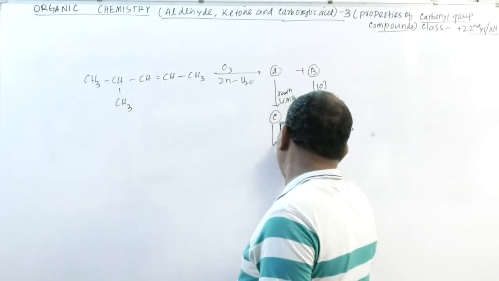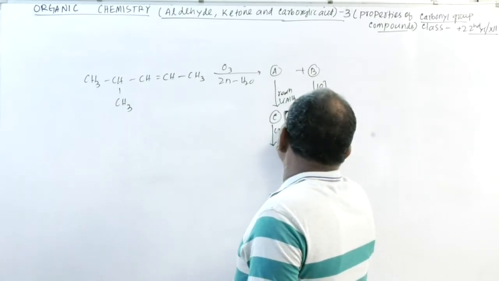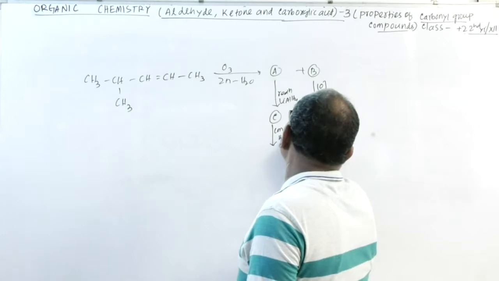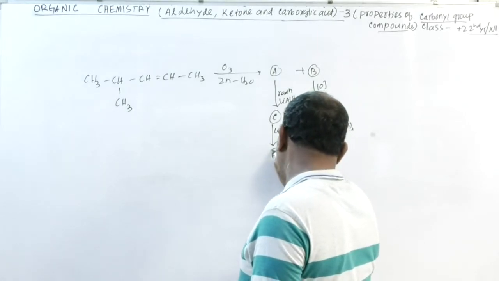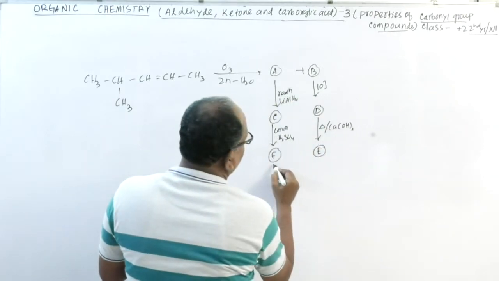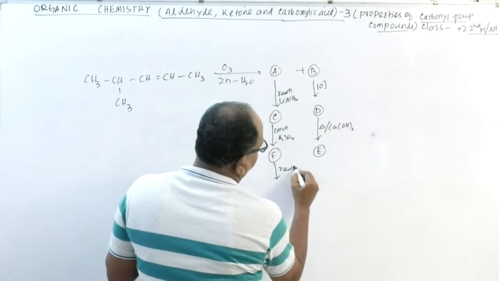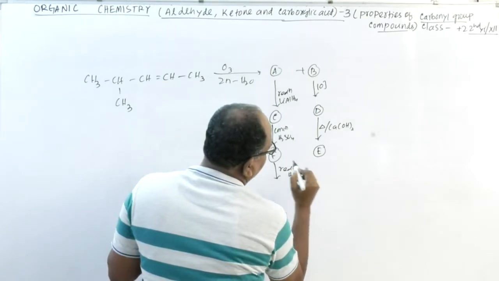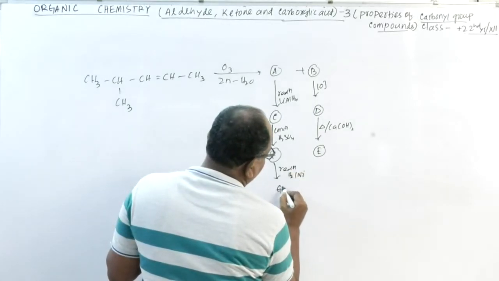C when treated with concentrated sulfuric acid gives F. F on reduction with hydrogen and nickel gives G.